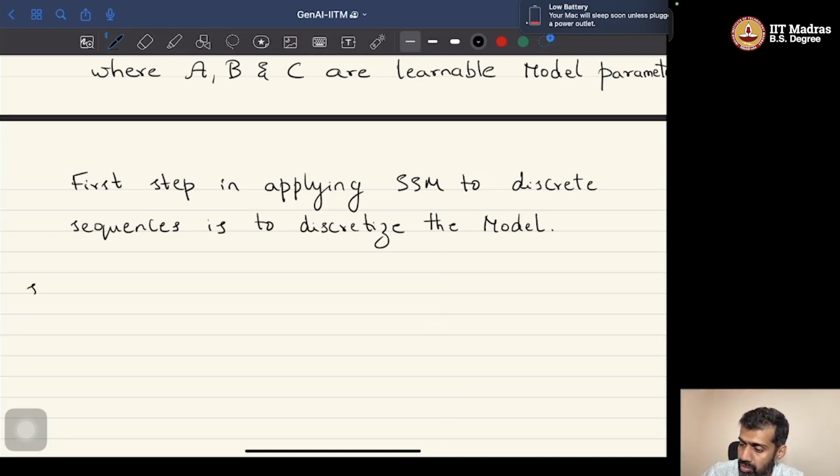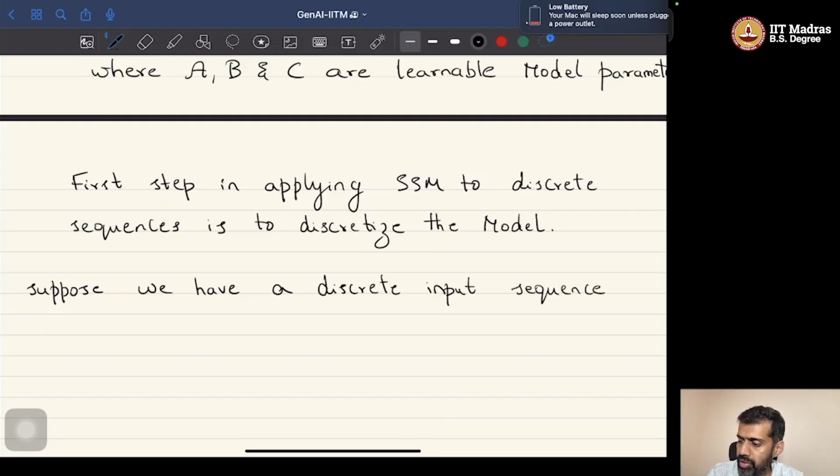Suppose we have a discrete input sequence given by u, which is equal to u0, u1, u2 and so on.